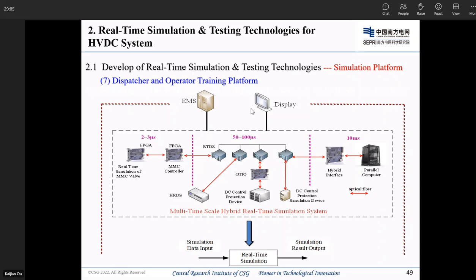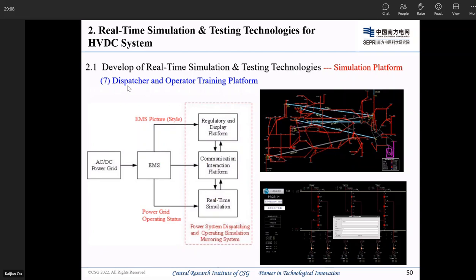This is a dispatch and operation training. That is to say, the AC and DC power system EMS, the power operation or power operations skills. We will input to the RTDS simulation system, and then we have a display platform. The display platform is just like the EMS picture.